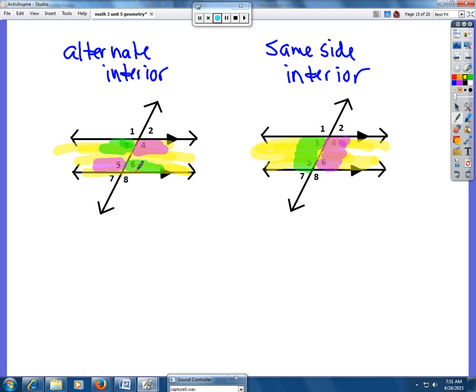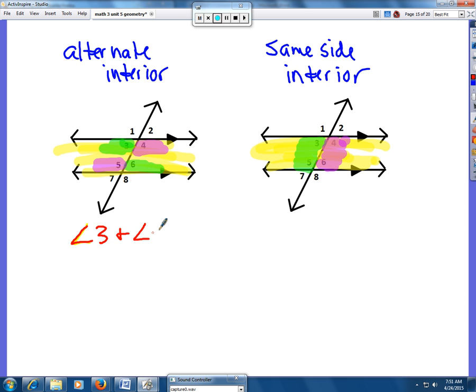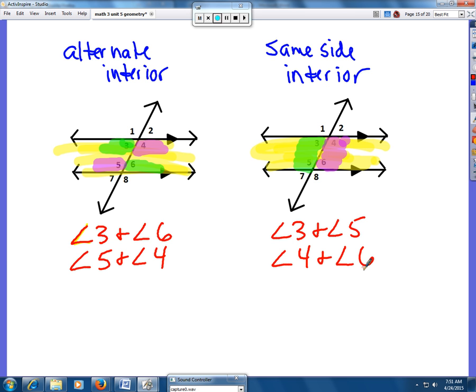So 3 and 6 are alternate interior angles. Angle 3 and angle 6. And we also have angle 5 and angle 4. Over here, our same side would be angle 3 and angle 5, and angle 4 and angle 6.